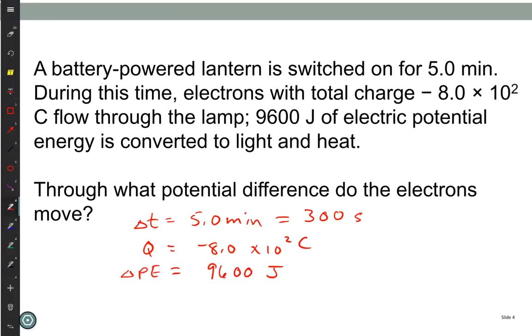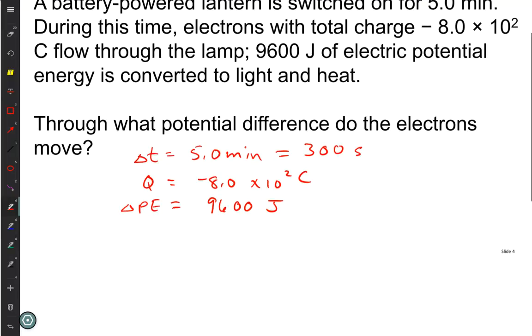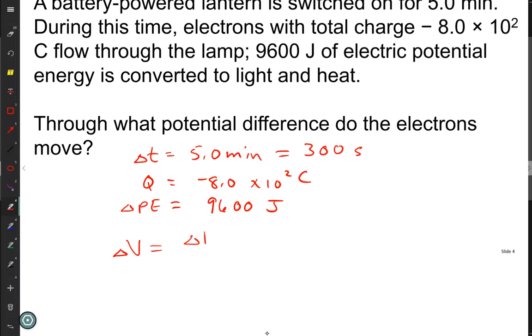So if I have a change in energy of 9,600 joules, and I have my definition that delta V is change in potential energy over charge, what is delta V going to be?